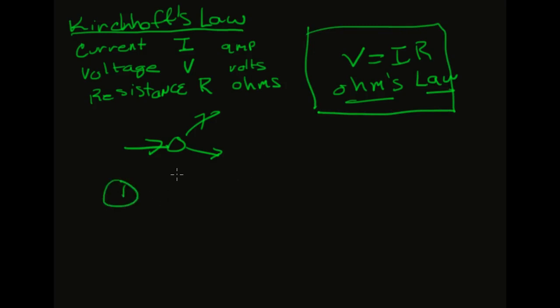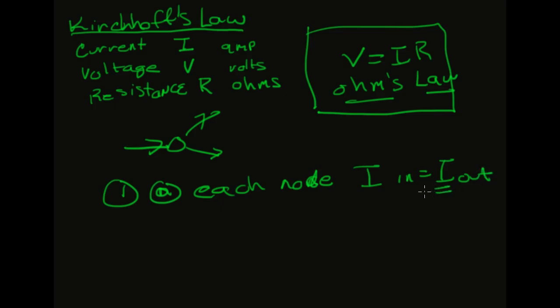One, at every junction or every node, so at each node, the big one that we're working on here is current in has to equal current out. So the big consideration here is current. Okay, number two, so that's the basic network condition.